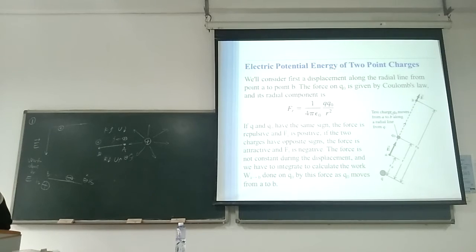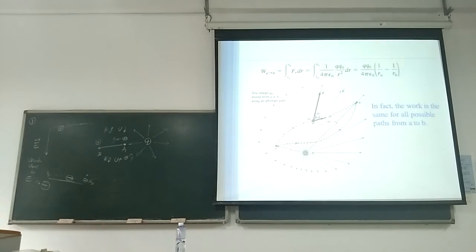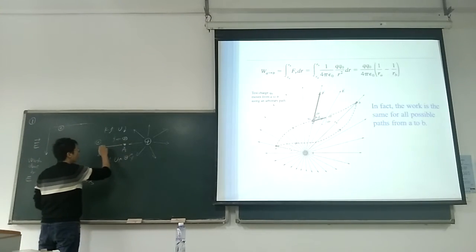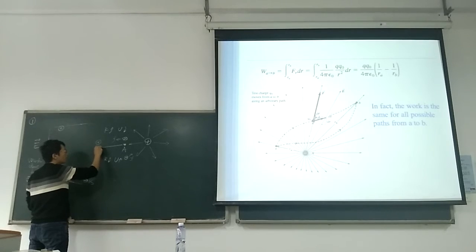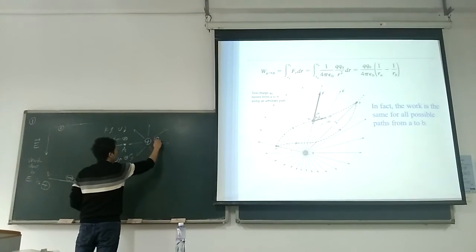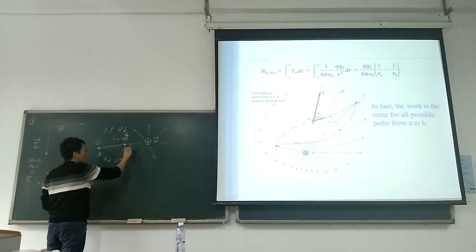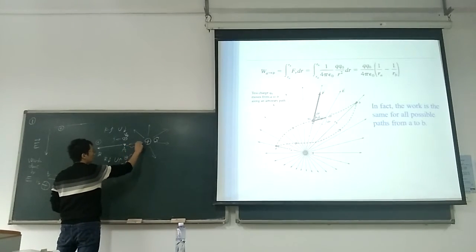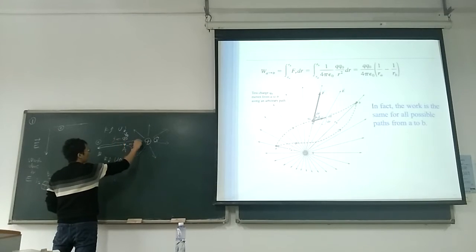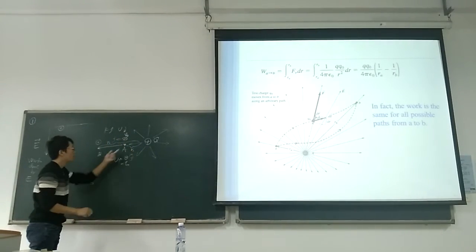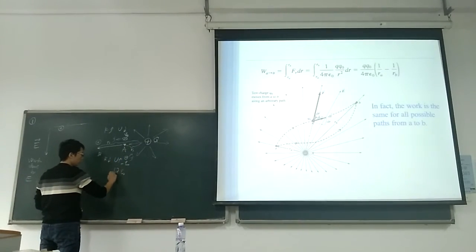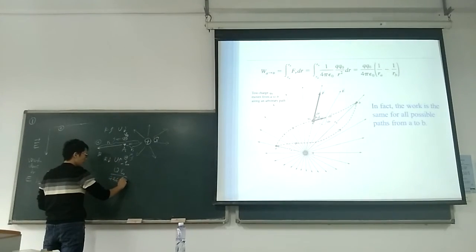What we want to calculate is the magnitude of the work done by the field, because the force on the charge is different at point A and point B. At point A, the force on Q0 given by large Q is Q Q0 / (4 pi epsilon 0 R1 squared).